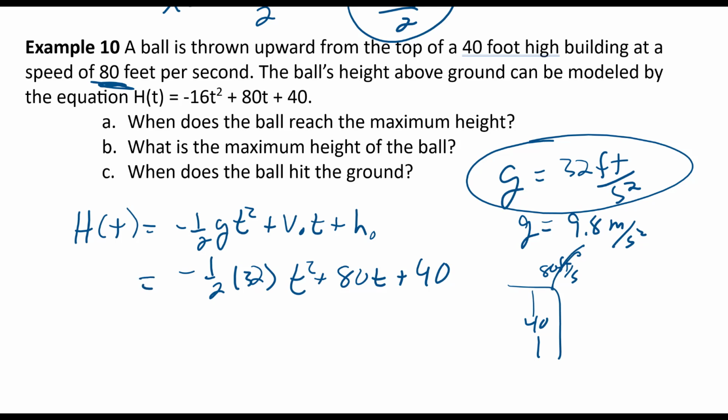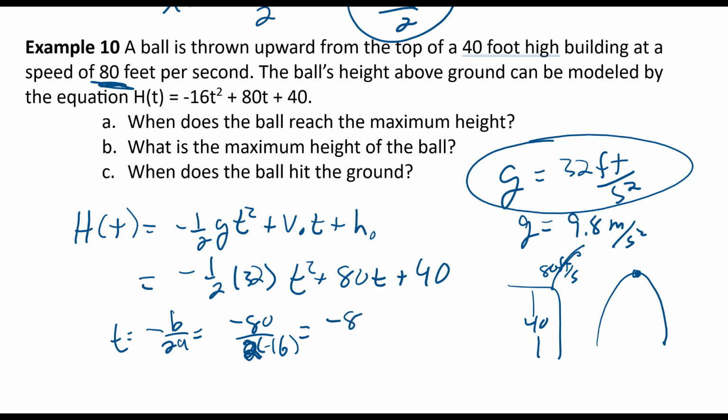So when does the ball reach a maximum height? Well, again, it's a parabola that is opening downward. So where's the vertex? So we're looking for time equal to negative b over 2a. So we're looking at negative 80 over 2 times negative 16.